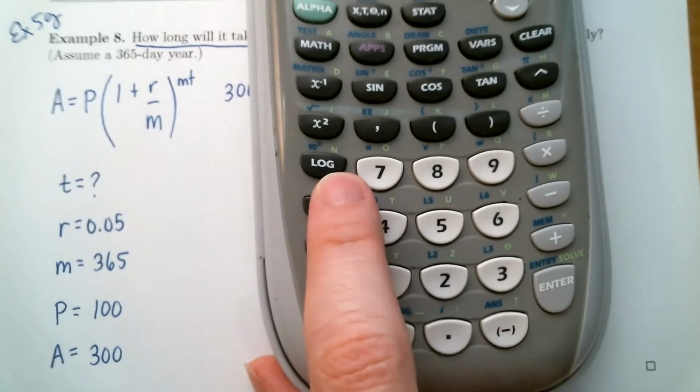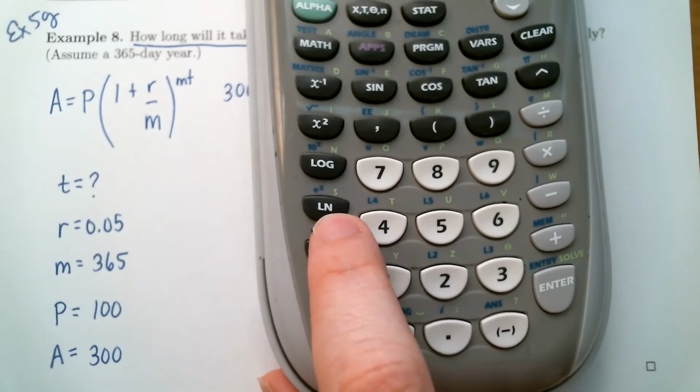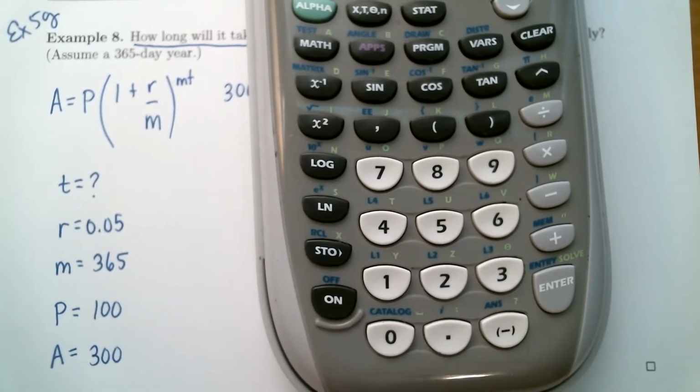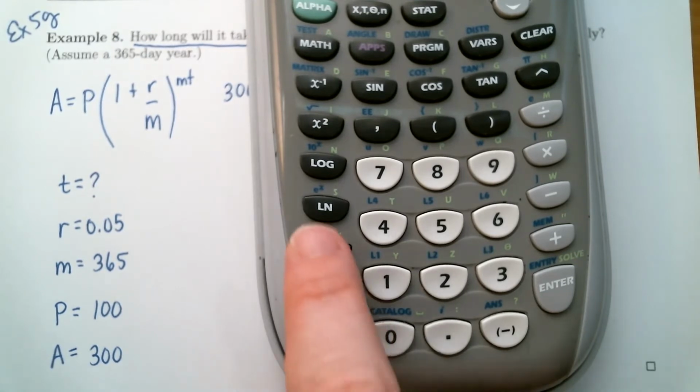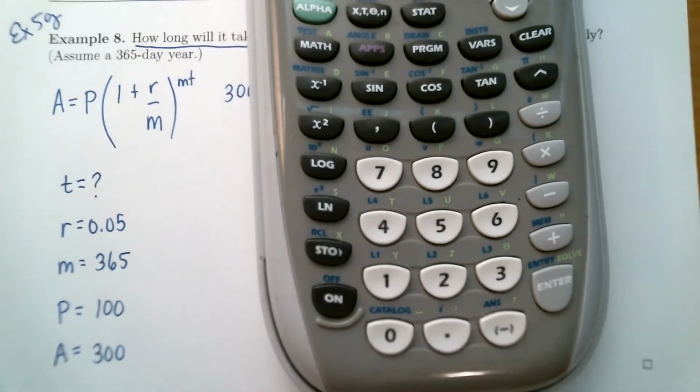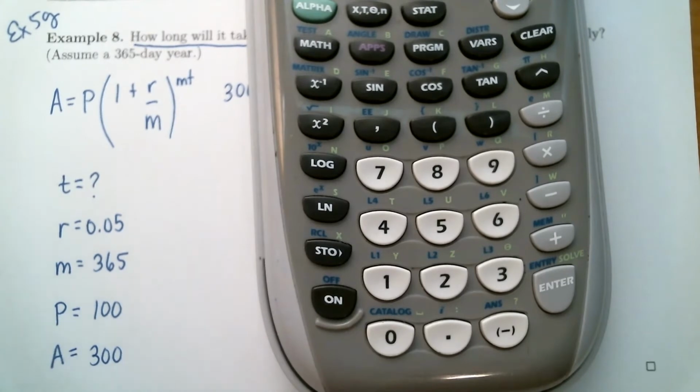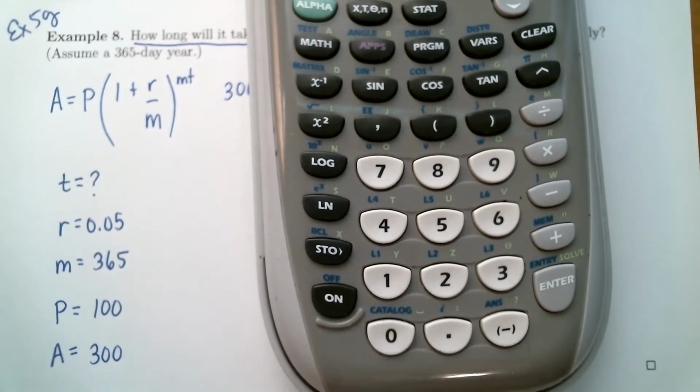You're going to see a LOG button and you're going to see an LN. Basically, the difference is log is what we call a base 10 logarithm, and LN stands for natural log. It is a base e logarithm. e is a number, about 2.71. It's a number like pi. We're going to talk more about it a little bit later.